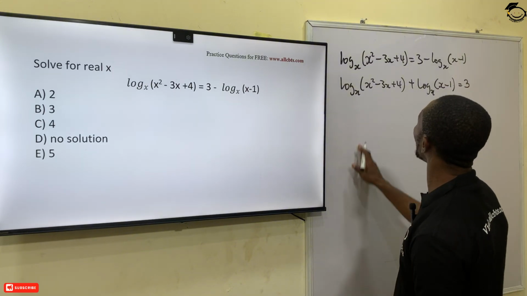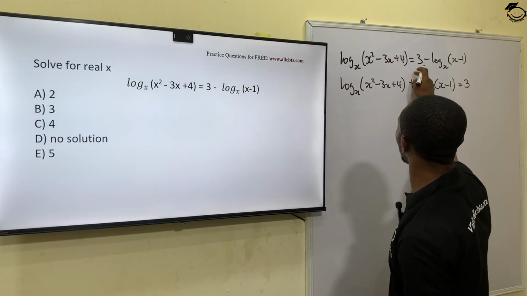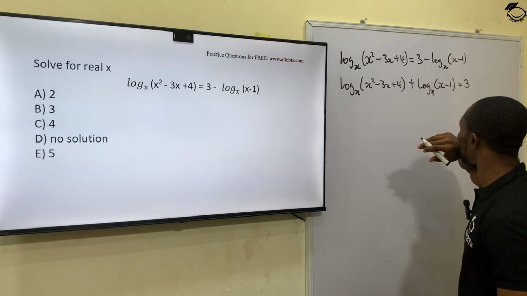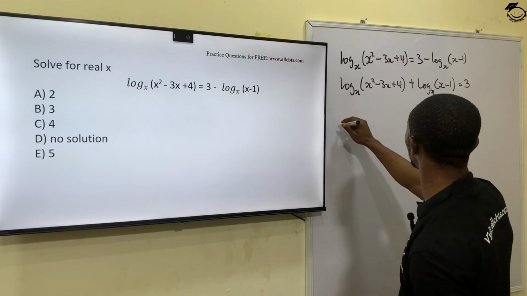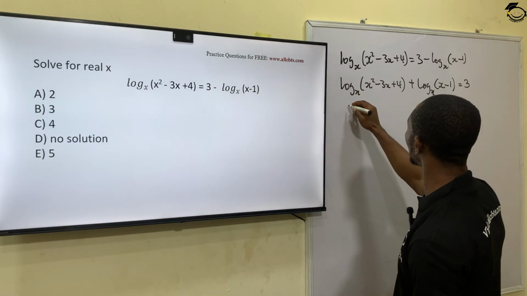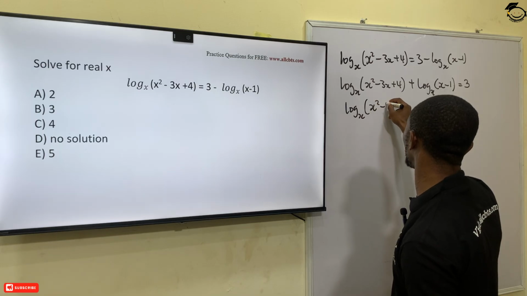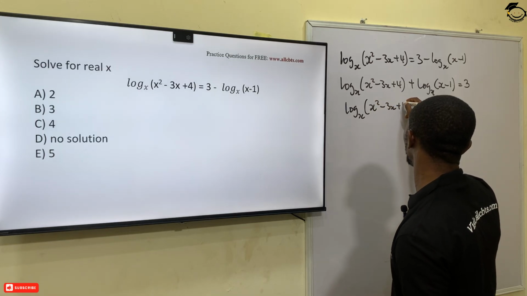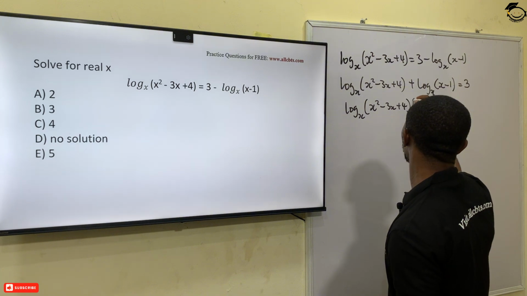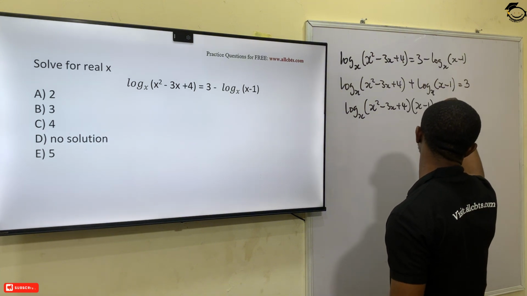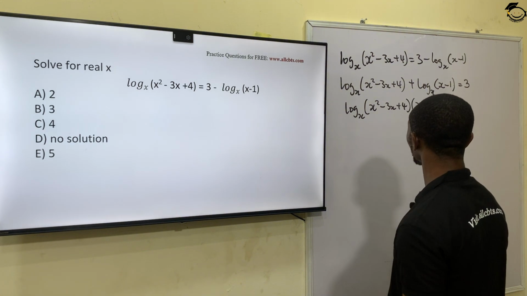So here, in our laws of log, addition becomes multiplication when collecting terms. So this becomes log of (x squared minus 3x plus 4)(x minus 1) equals 3.